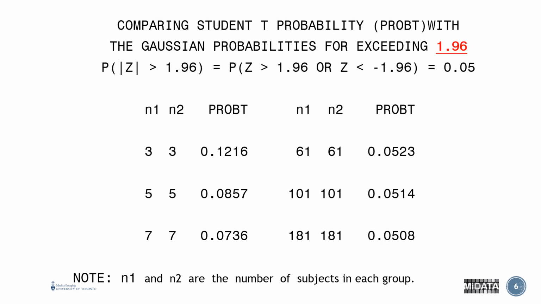Now what we're doing in this slide is explaining why Gossett chose to develop the student t-test instead of just using the Z ratio. As we explained earlier, what Gossett observed was that for his small sample sizes, the probability distribution was flatter with wider tails.